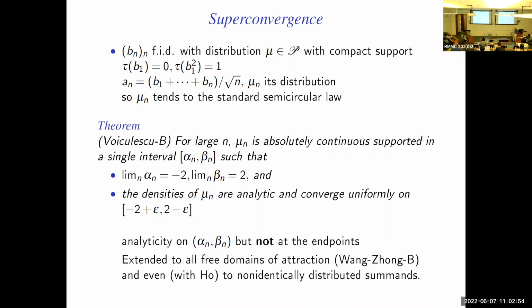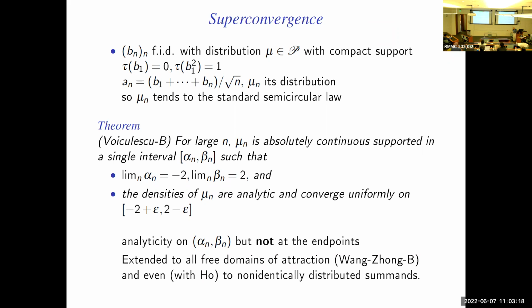So let's see. Now this result was eventually extended to all free domains of attraction. This is work that J.C. Wang, our gracious host here, Ping, and myself have done very recently.